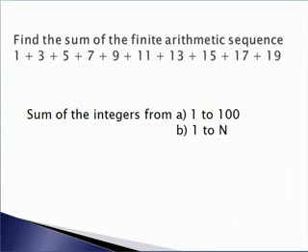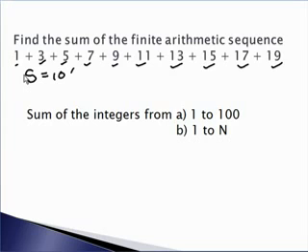So let's use that formula to find the sum of this finite arithmetic sequence. So I want to find the sum of these numbers. All right, so the formula was: take the number of terms that you have, so 1, 2, 3, 4, 5, 6, 7, 8, 9, 10. There are 10 numbers in that sequence.